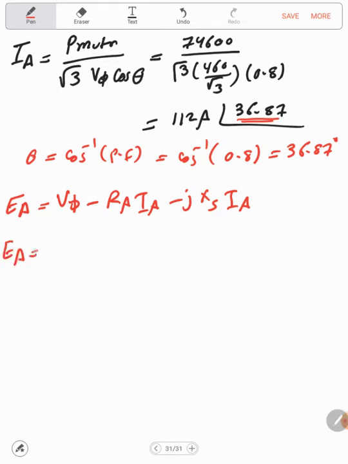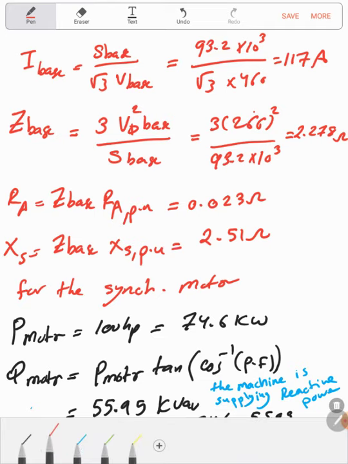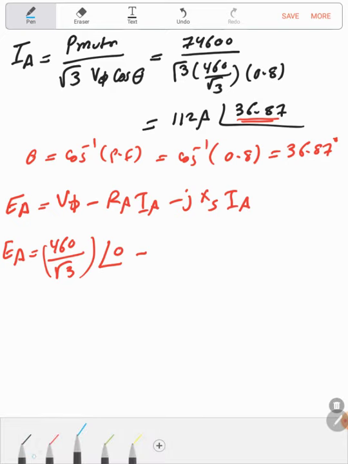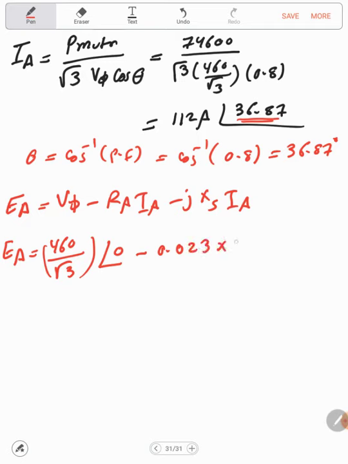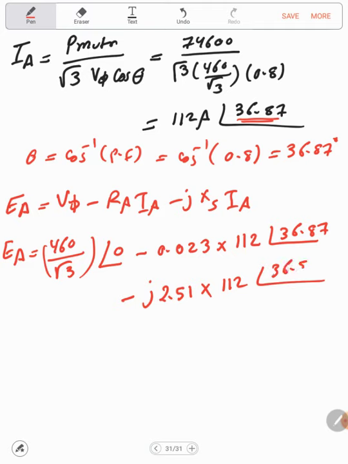So EA will equal V phase is 460 over square root of 3 with angle 0, because we are assuming that V phase is the reference, minus RA, we already calculated, 0.023 multiplied by the current 112 with angle 36.87 minus j XS, we have it here 2.51 multiplied by 112 with angle 36.87.